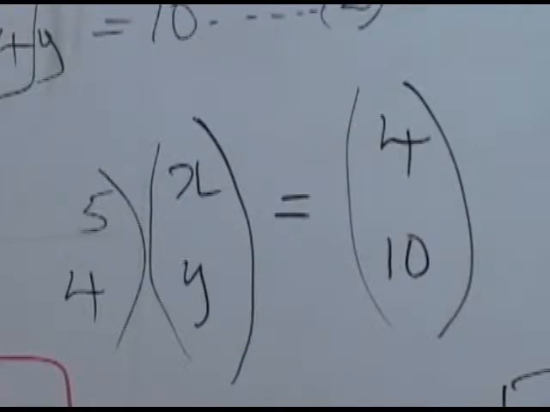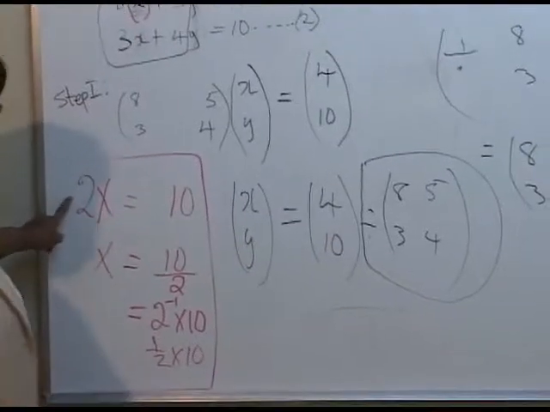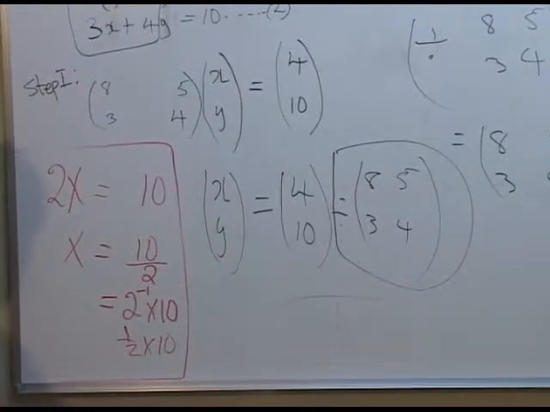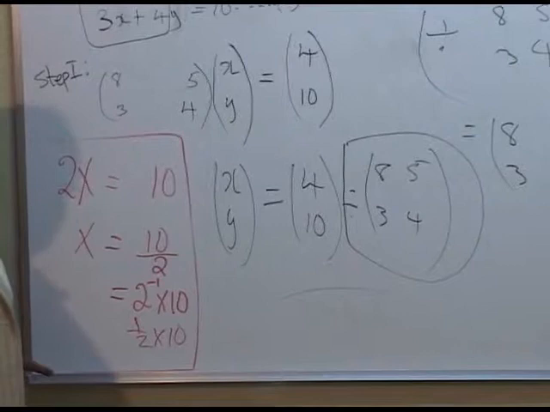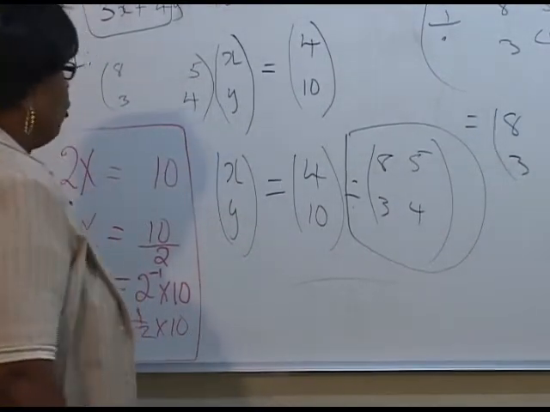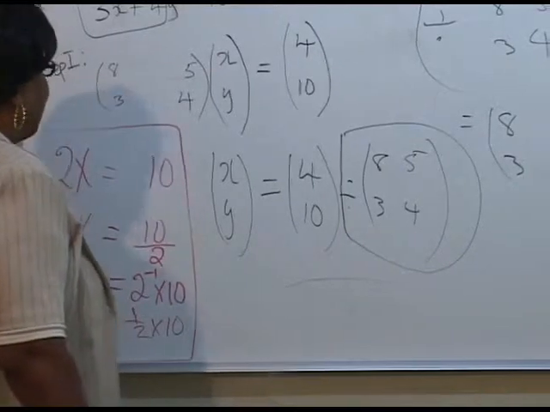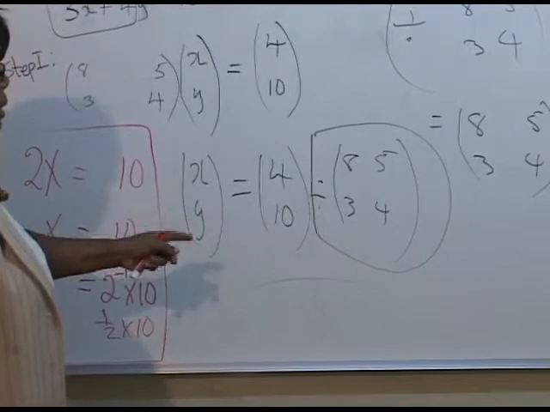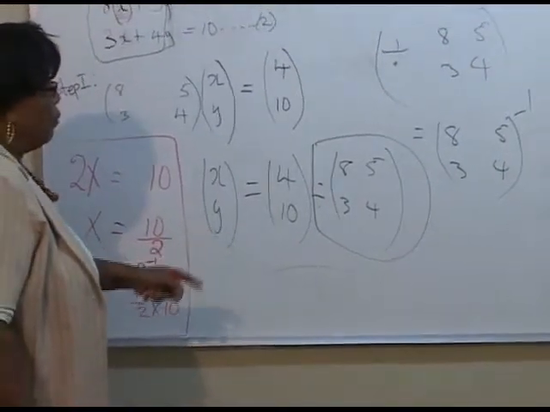Like everything else, the variables we are after are our x and our y. We have just shown you it operates along the same principle as if you were solving 2x is equal to 10 and the operation that we would do. We have falsified something for you so that you can understand what is being done here. x, y then would have been equal to our 4, 10 divided by 8, 5, 3, 4.